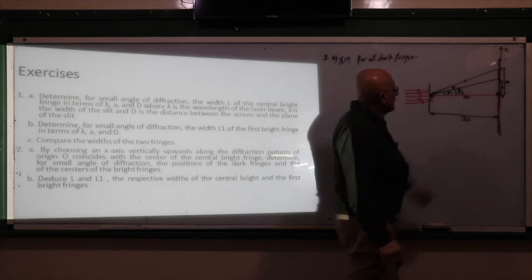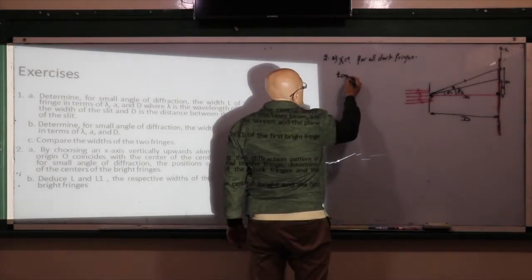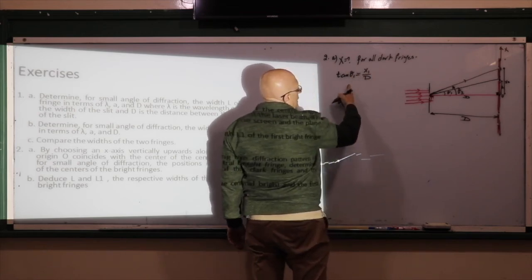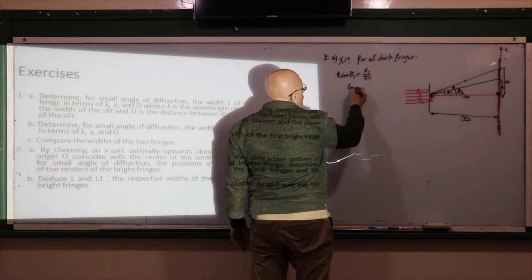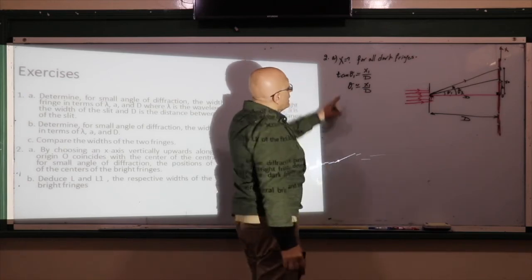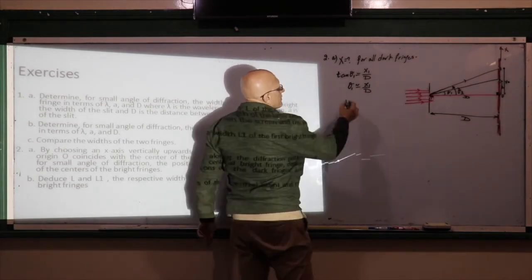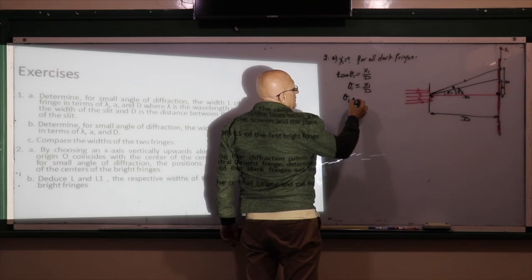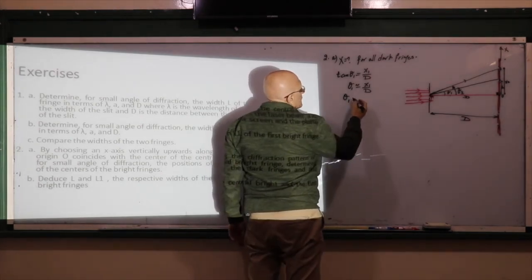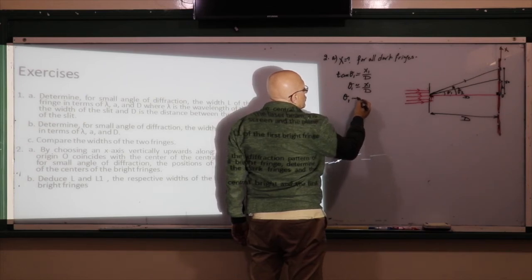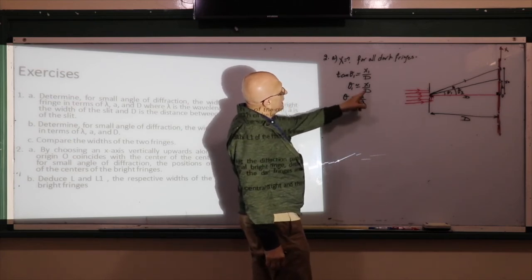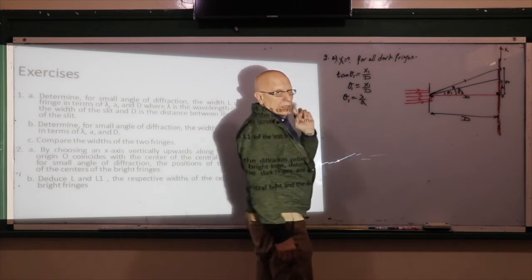So also I can use tangent theta 1 equal to opposite over adjacent, and because theta is small, I can write theta 1 equals x1 over D. And theta 1 you can find from the formula of angular positions, which is equal to lambda over A. Substitute it here and you can find x1.